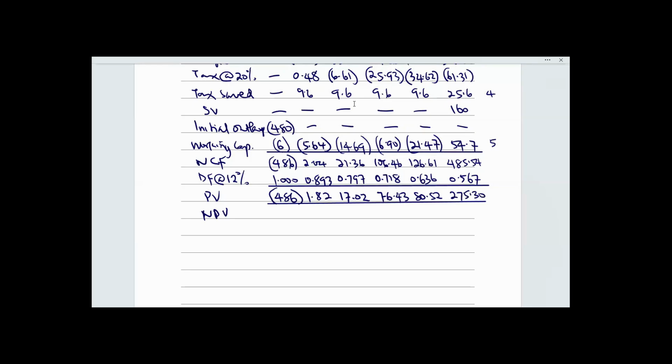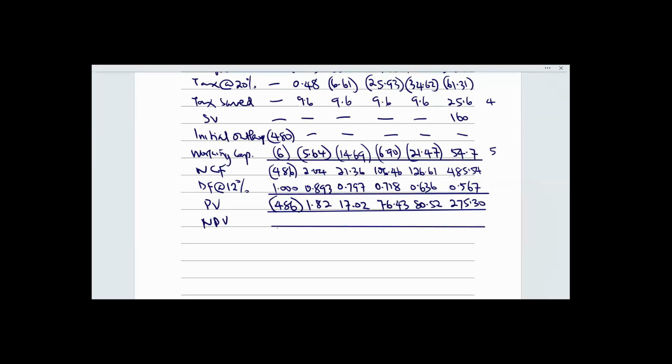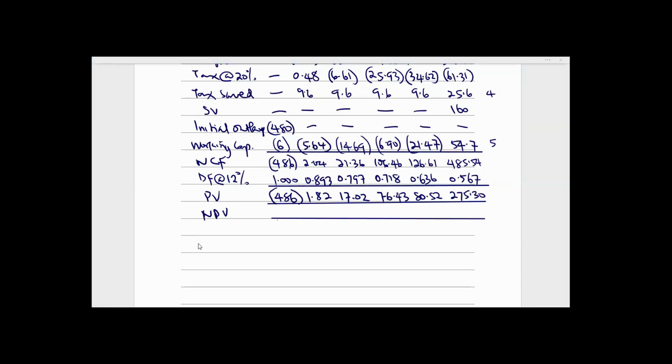So at this point, we then calculate our NPV. We add up the positive present values and subtract 486.